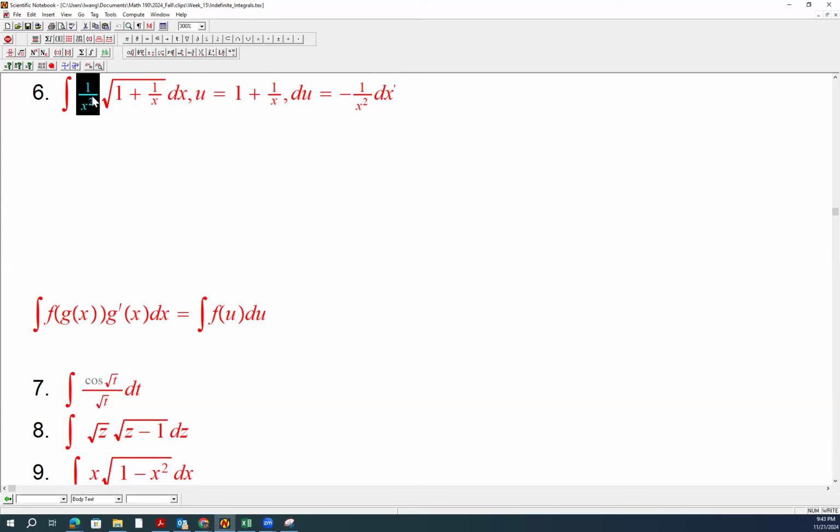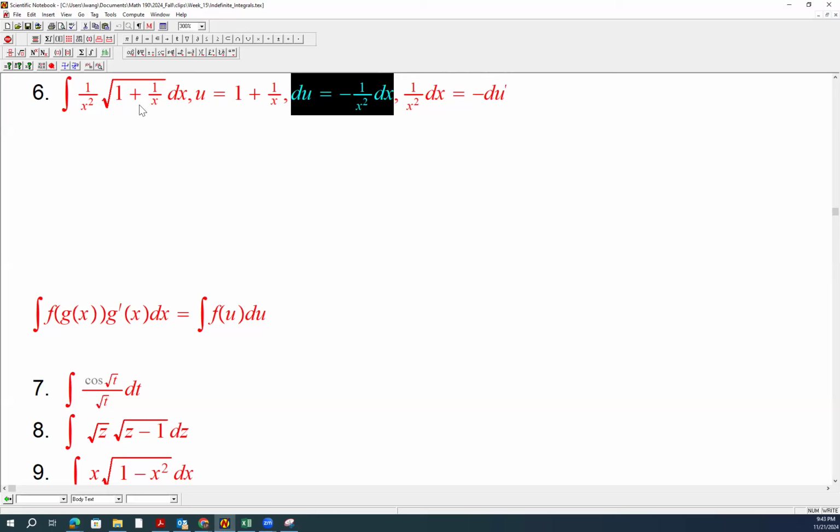We got a 1 over x squared dx. So 1 over x squared multiplied by dx is equal to negative du. You work on this expression and solve for the part you need.